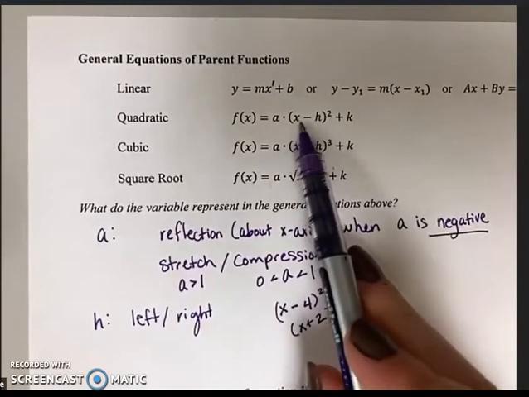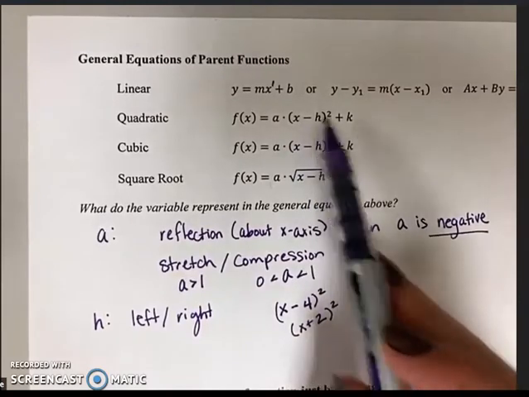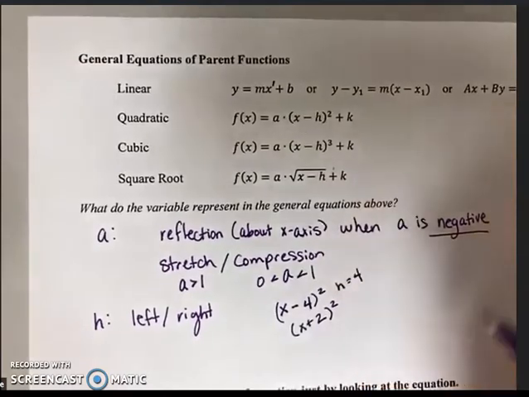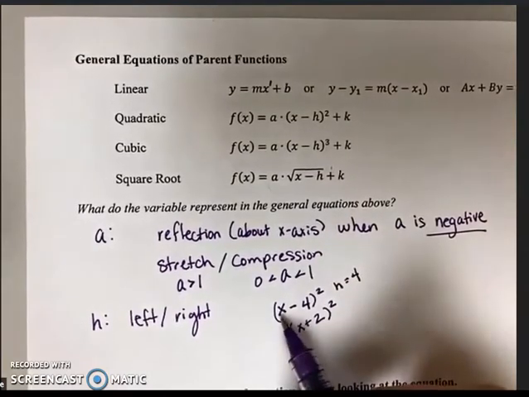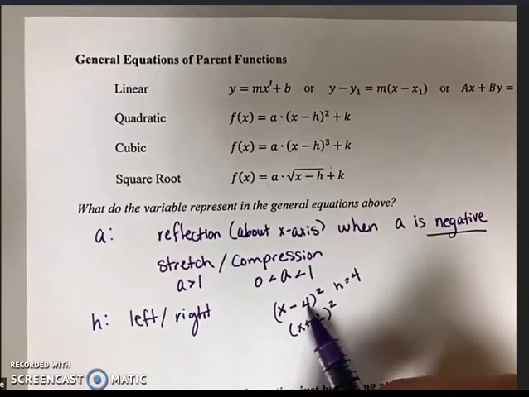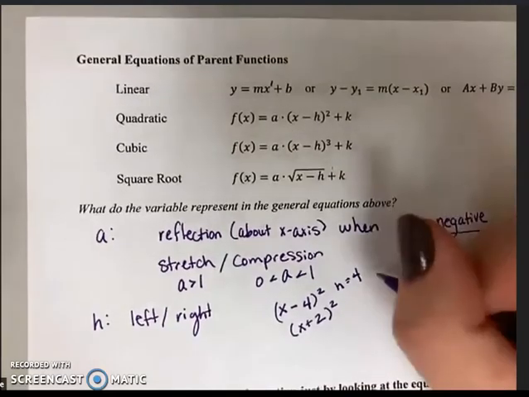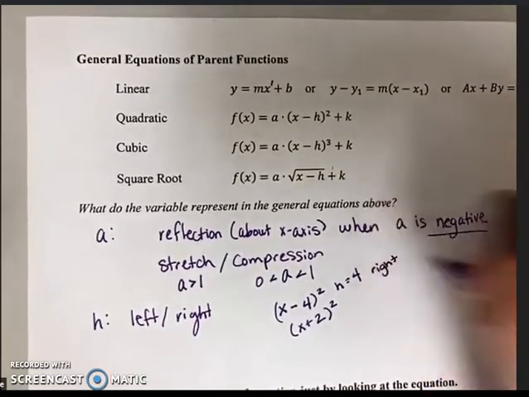Because it's the form x minus h, here h is actually positive, a positive 4, because we're subtracting a positive number to get this expression. And when h is positive, a positive movement would be moving it right.